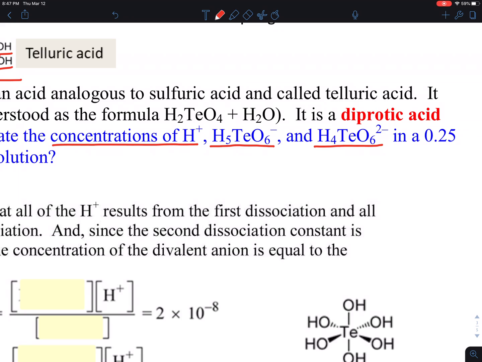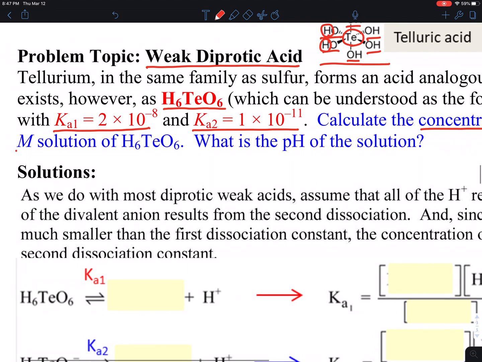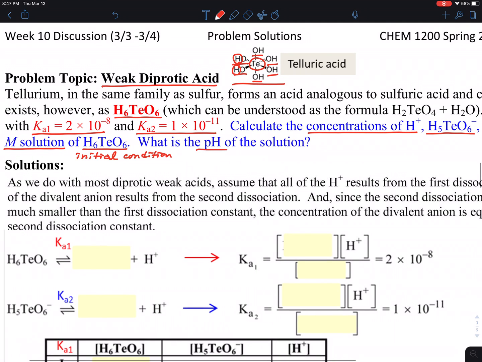What will be those concentrations? They give a 0.25 molar concentration solution of this initial compound. So this is an initial condition that we know. And then they ask what will also be the pH of this solution.